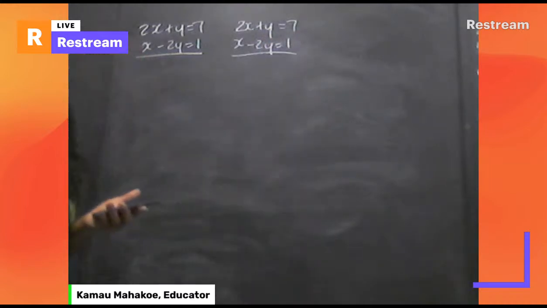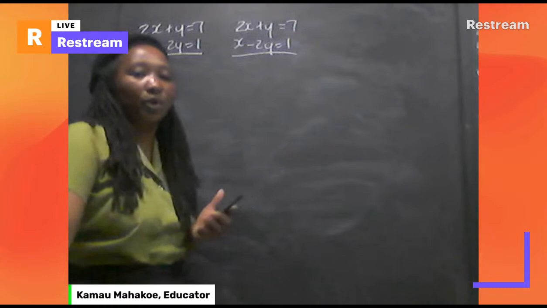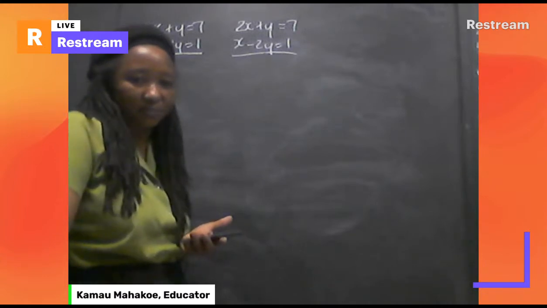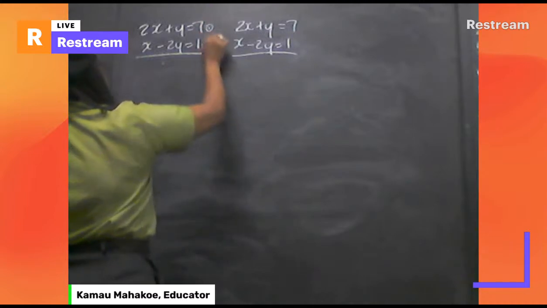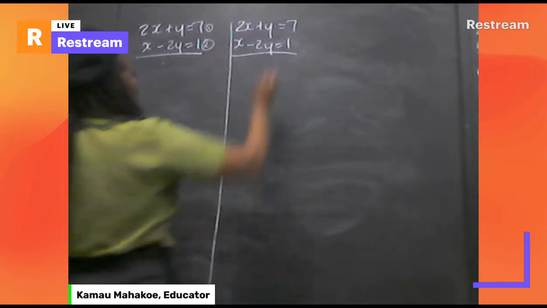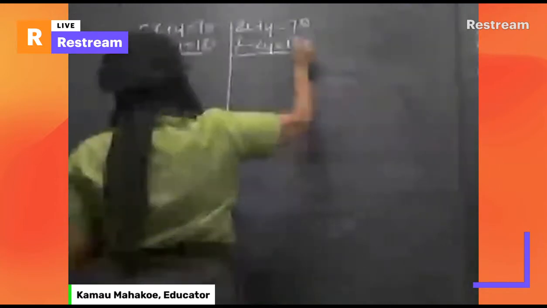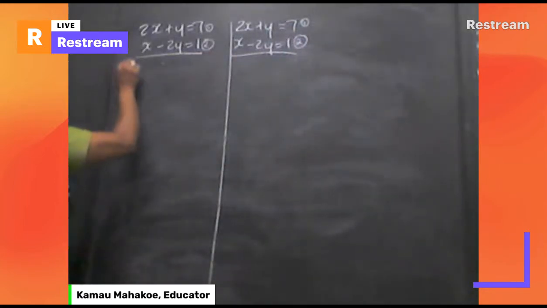Usually when you're doing simultaneous equations, you would number your equations. So this is equation 1, equation 2. So using substitution first.